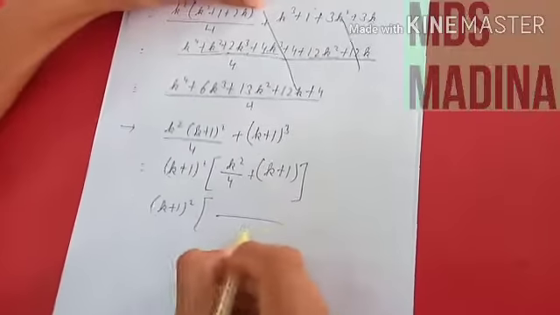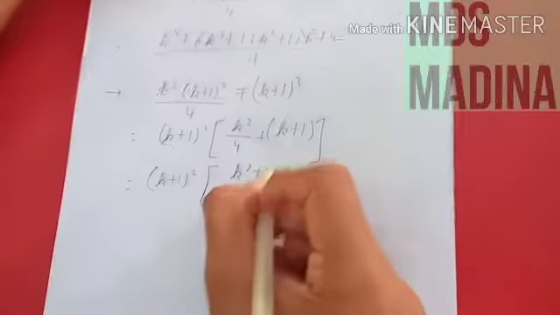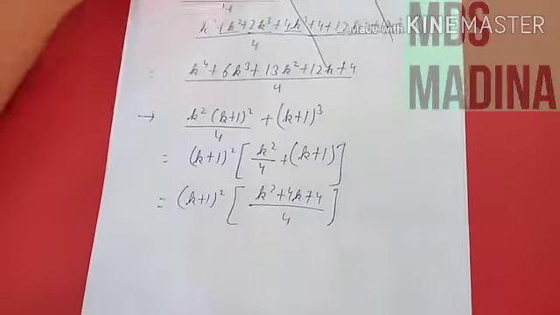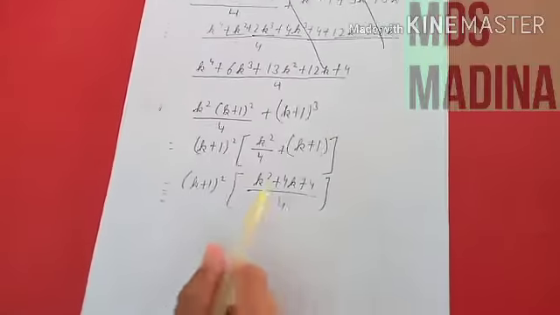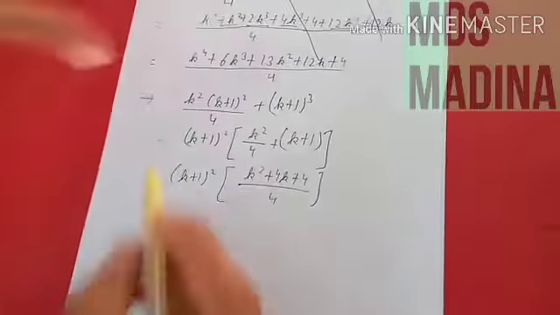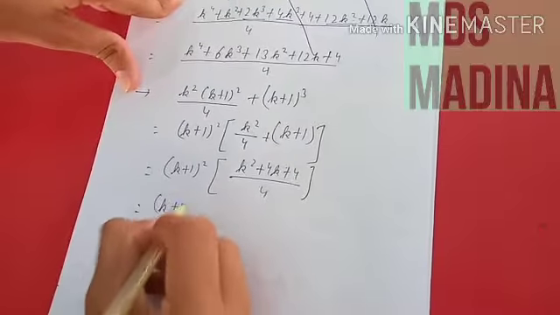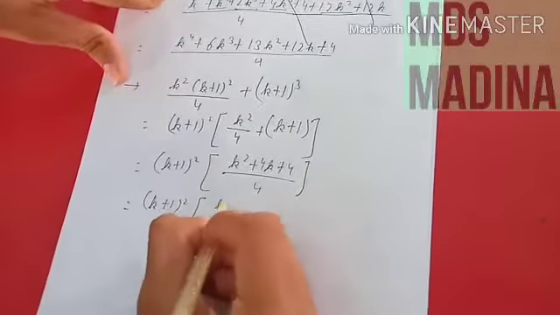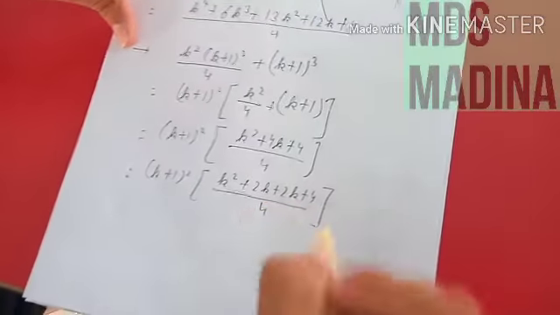Here we will take LCM 4, k square plus 4k plus 4. Now we can split the middle term and we get our quadratic equation as k square plus 2k plus 2k plus 4 by 4.